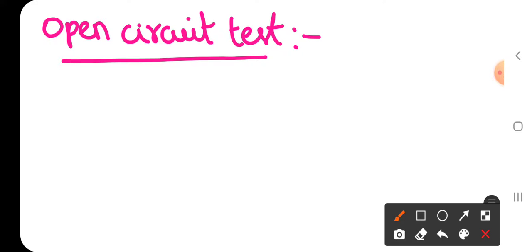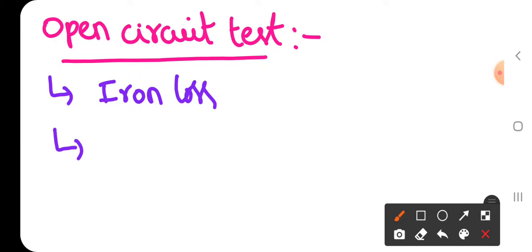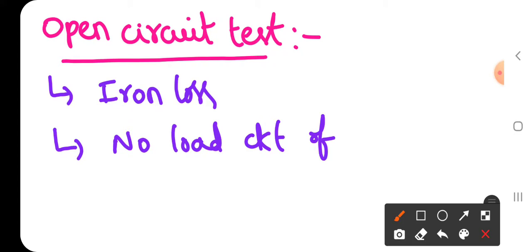So with the open circuit test, first we can find the iron loss of the transformer, and next, the no load current of the transformer. For these two reasons, we are conducting the open circuit test.